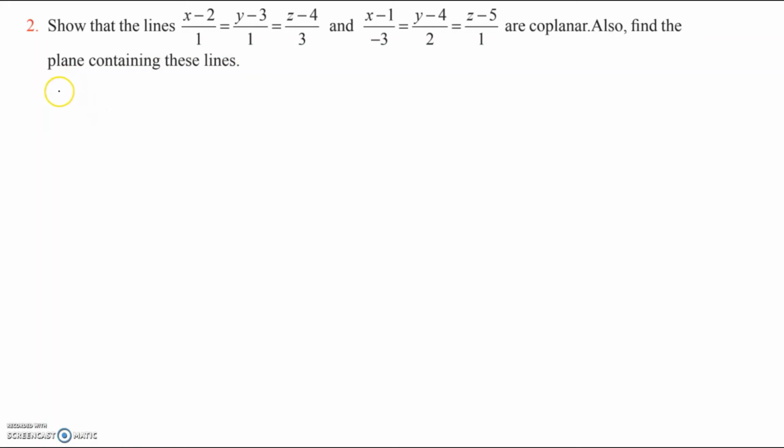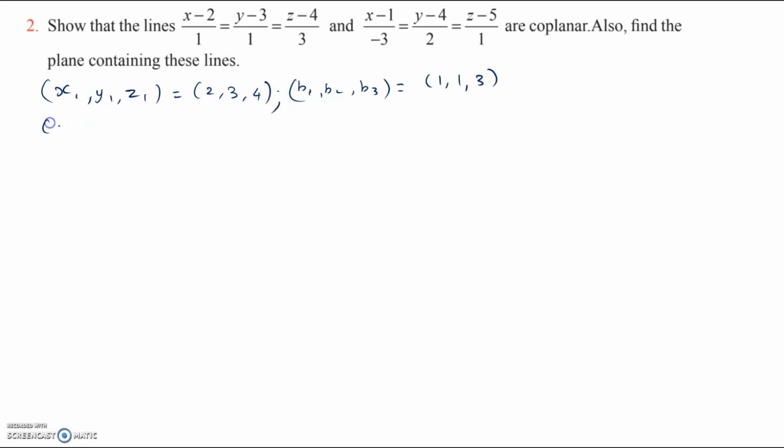Let's define our x1, y1, z1 equal to 2, 3 and 4. Similarly, let b1, b2, b3 be equal to 1, 1 and 3.